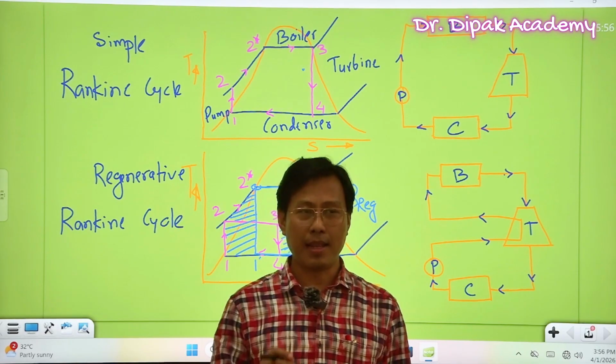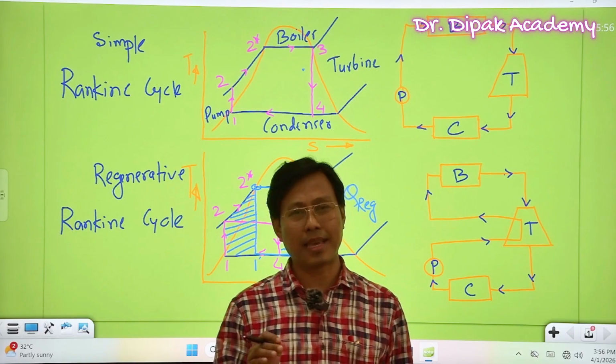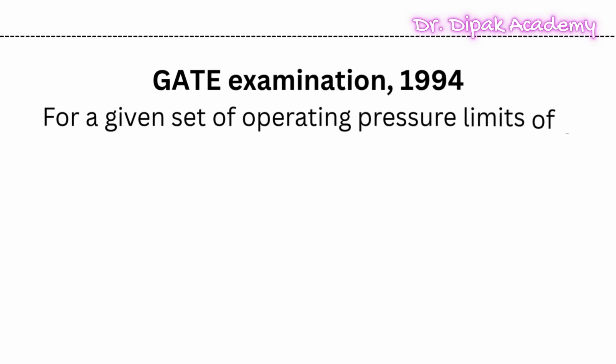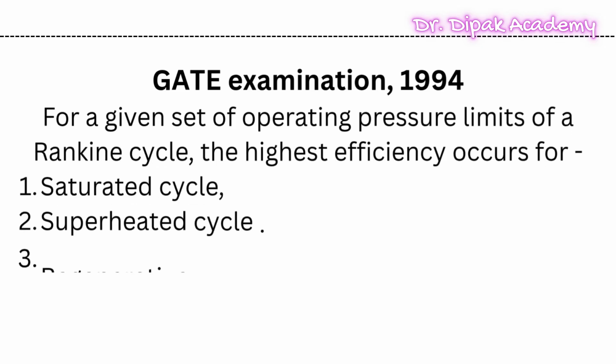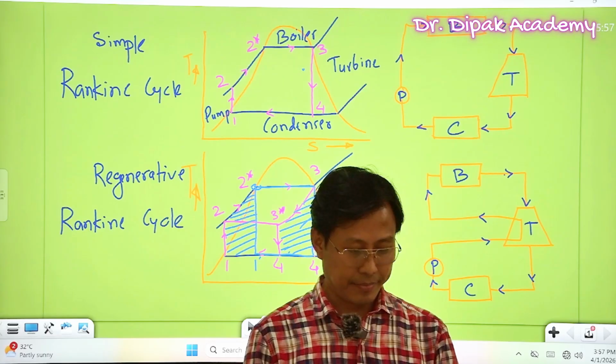So now I'll read out the question of a GATE examination which came in the year 1994. For a given set of operating pressure limits of a Rankine cycle, the highest efficiency occurs for option 1, saturated cycle; option 2, superheated cycle; option 3, regenerative cycle; and option 4, reheat cycle.